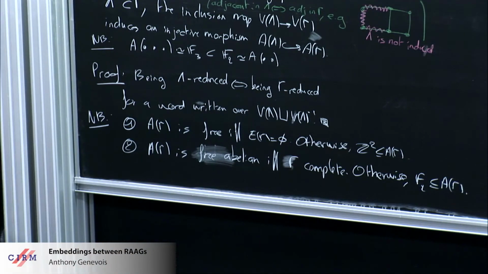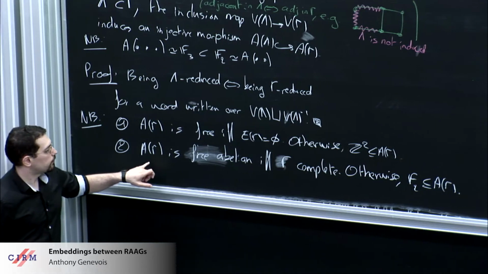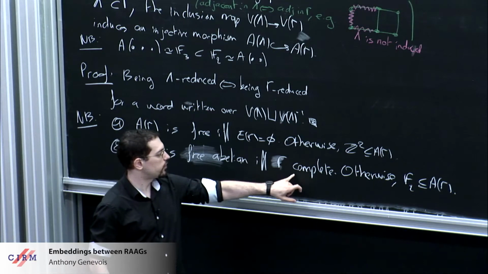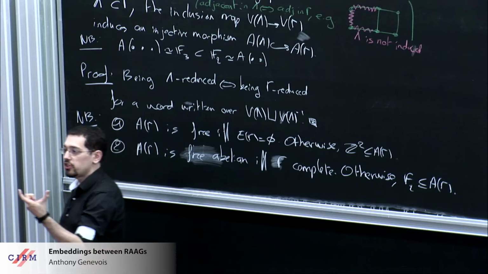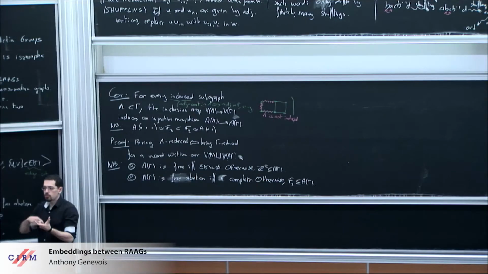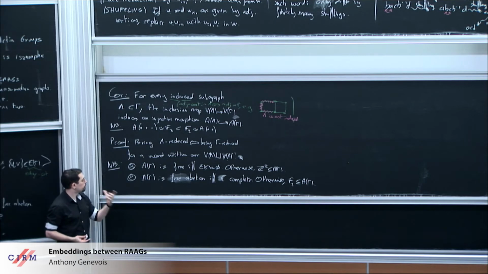Same justification. If gamma is not complete, then you can find two non-adjacent vertices, and the subgroup generated is the right-angled Artin group given by just the graph which is two isolated vertices. It's a free group of rank 2.